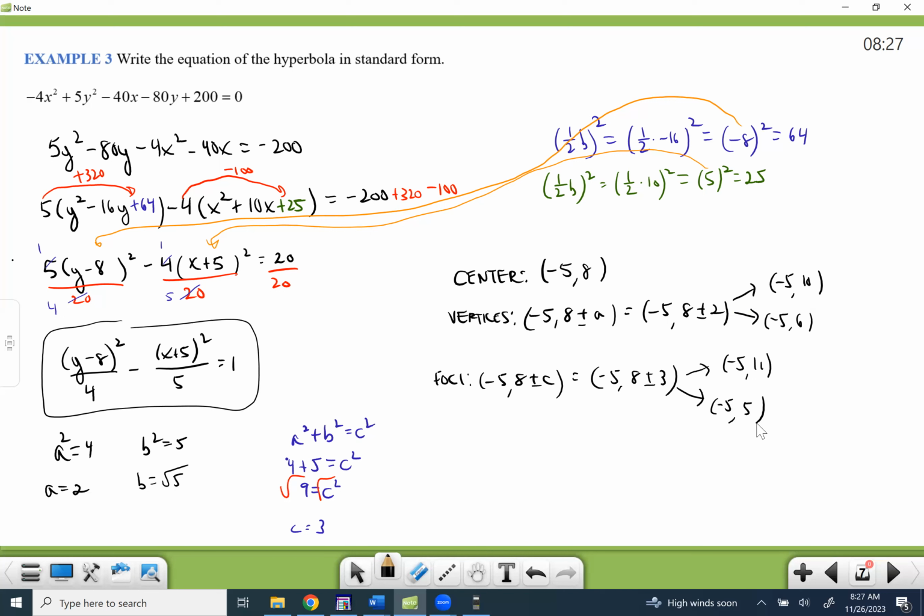And I'll just get really quickly the asymptotes the way that I do it without a formula. So remember, steal the parentheses. It's a Y minus 8. Steal the parentheses of X plus 5. And then remember to put whatever's underneath Y, square root it. So that's a 2.